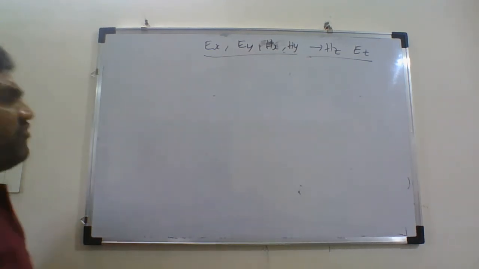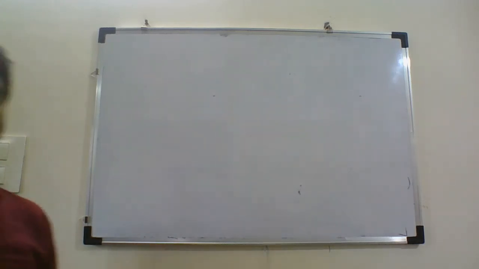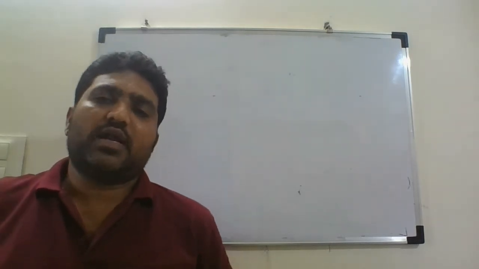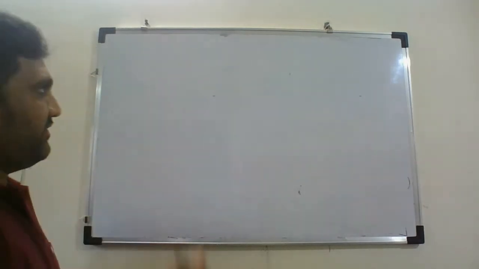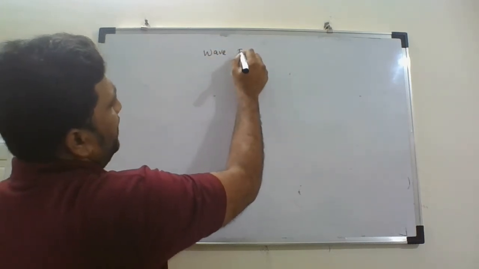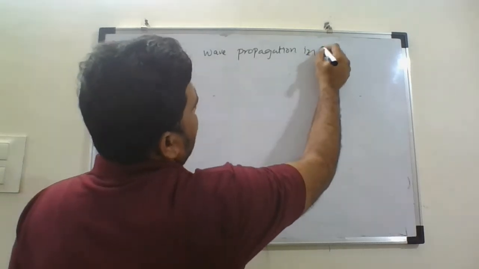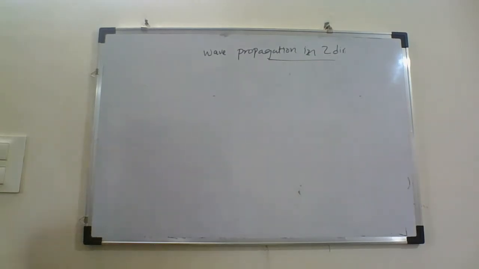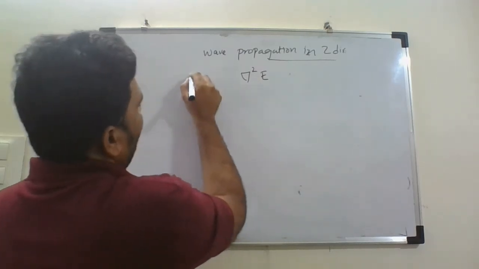For this, let us go back to the basic equation of the wave, which is called the Helmholtz equation. Because the wave propagation is in the z direction, as we have assumed, the wave components will be expressed as follows.